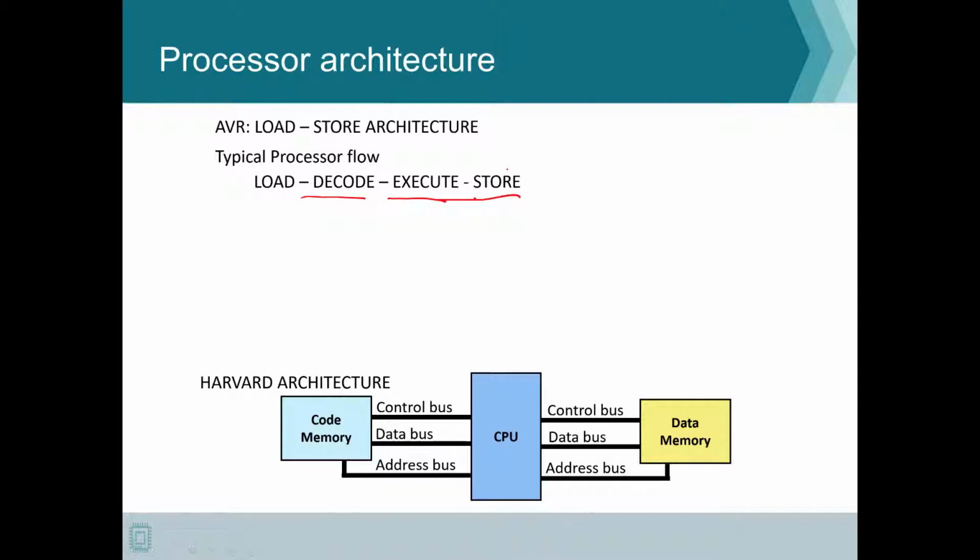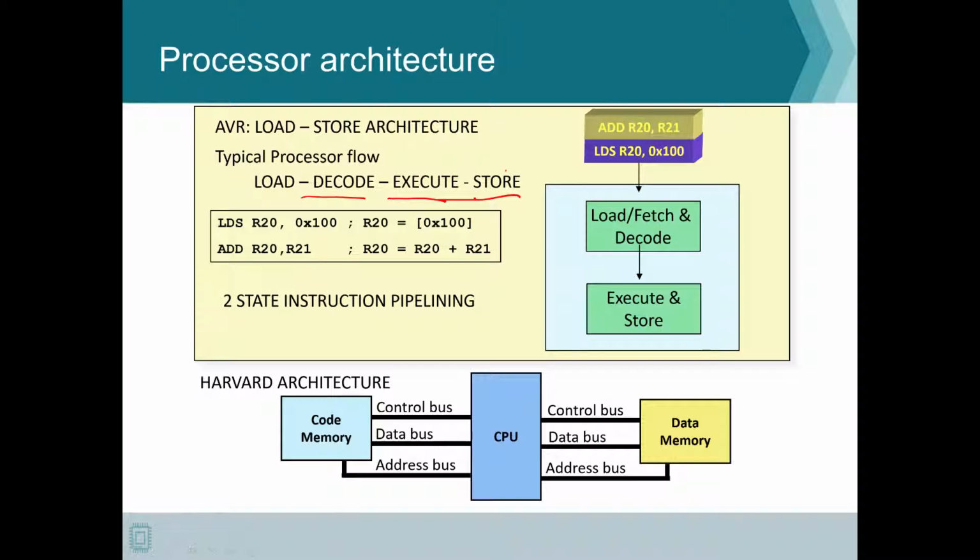So we have these 4 stages, but in the case of an AVR, as you can see, we have a 2-stage instruction pipelining. When we have an instruction like LDS, which is going to load from this memory location, as you can see, this one will be a memory location in your RAM.